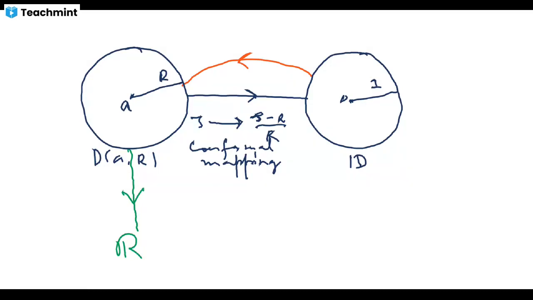Let that inverse be denoted by T. Then you compose the functions u and T, and you get a harmonic function defined on the unit disk.